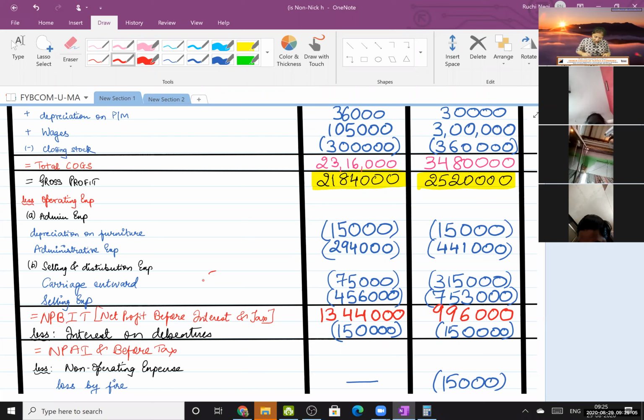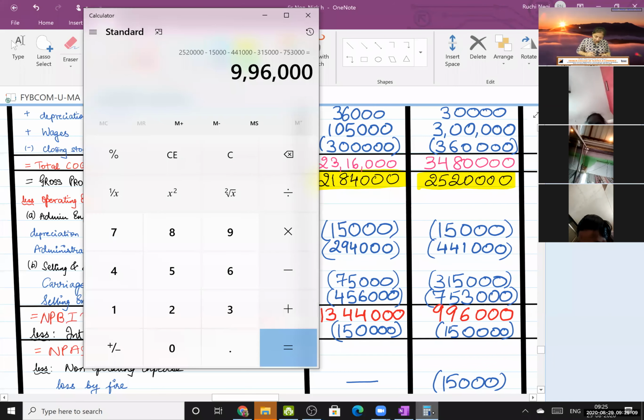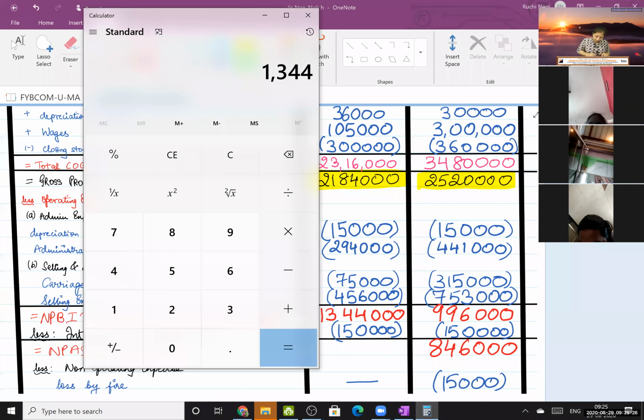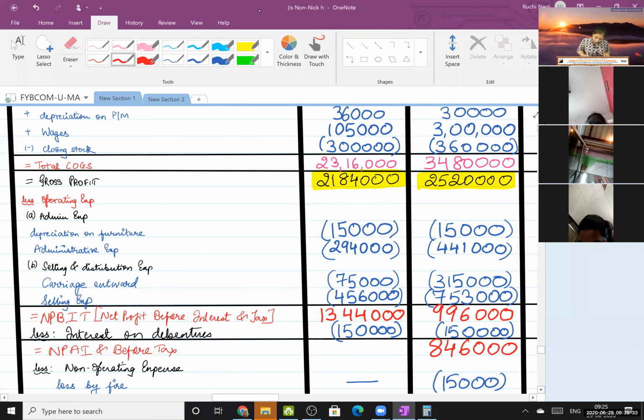Okay. 1,50,000 for both the years. So right now 9,96,000 में से 1,50,000 minus कर दो. So the answer is 8,46,000. So right here 8,46,000. Next, 13,44,000 minus 1,50,000, so 11,94,000.